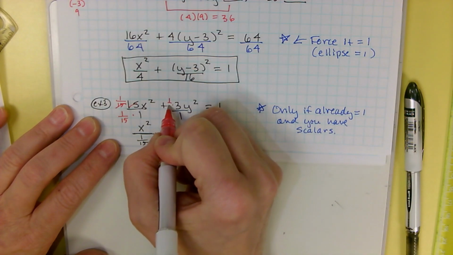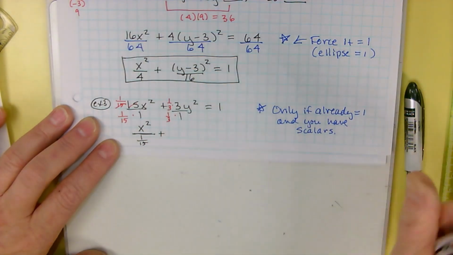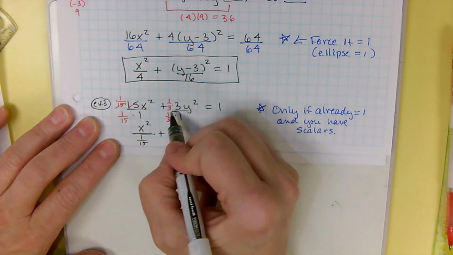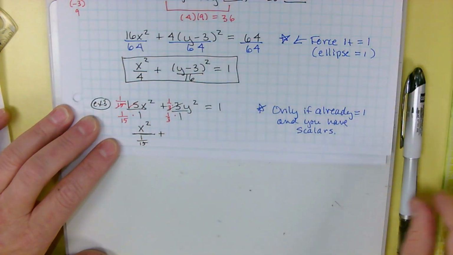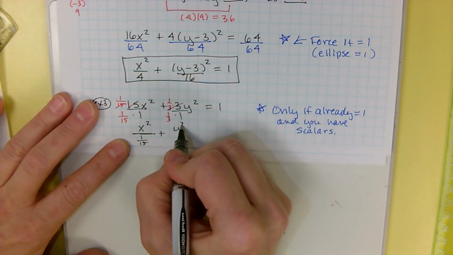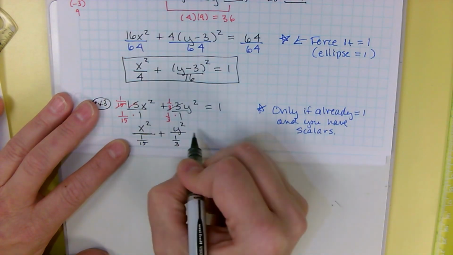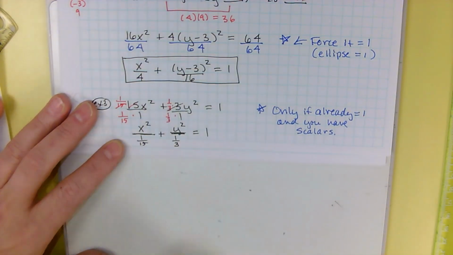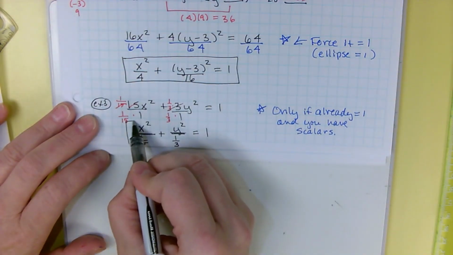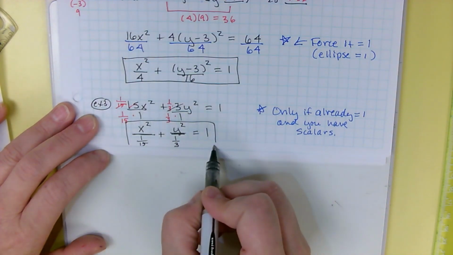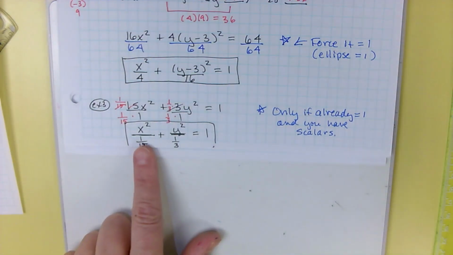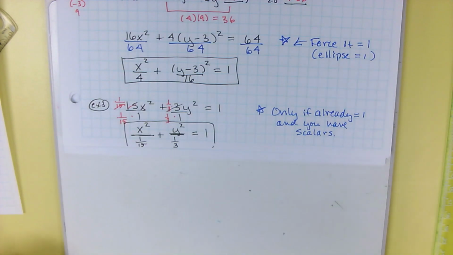I'm going to multiply the top by 1/3 and the bottom by 1/3. The 3's cancel on the top, and I get y squared over 1/3 equaling 1. The very first equation on your homework, I don't know why they did it for the very first one. You have to do this to get it into the right form. They picked nicer numbers, though, than 15 and 3.